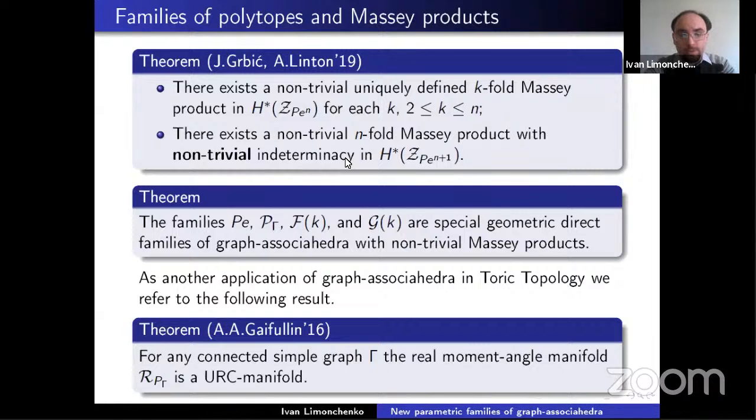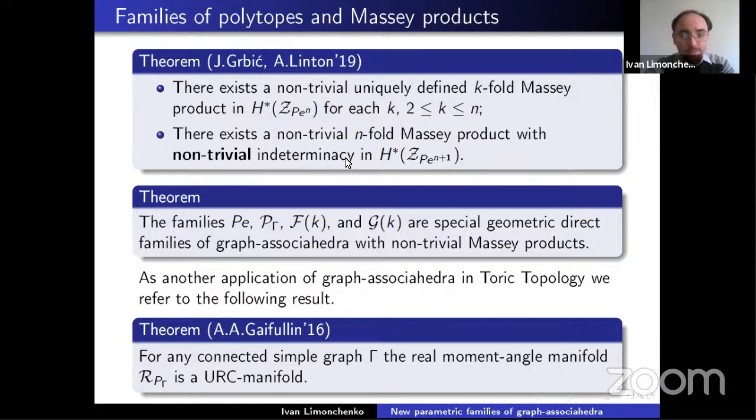Alexander proved that for any graph-associahedron P gamma gives you a URC manifold as a real moment angle manifold. So this is another side of applications of graph-associahedra, and of course of all families we discussed today, because all such families give you families of URC manifolds.